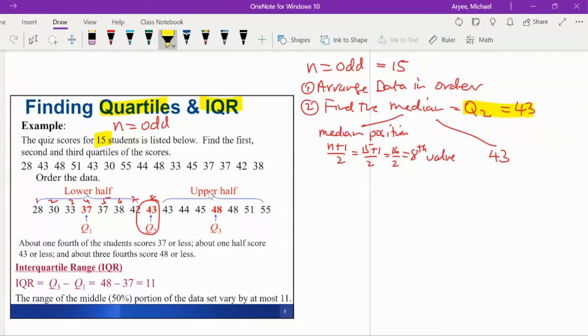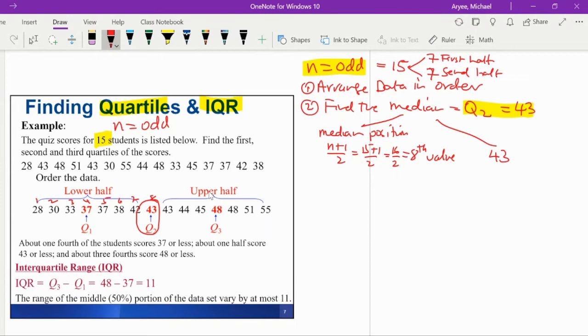Now next, what you would do is come back to the data, right? Because we have an odd number of values, it's going to be very difficult to split this into two equal parts. The only way you could split it into two equal parts is if you have 14 data, so that there'll be 7 in the first half and 7 in the second half, which means that we got to drop one number.